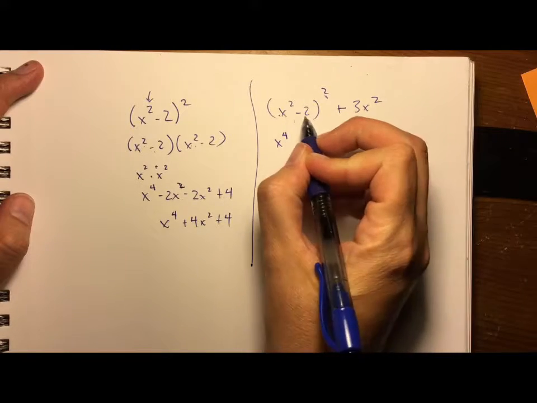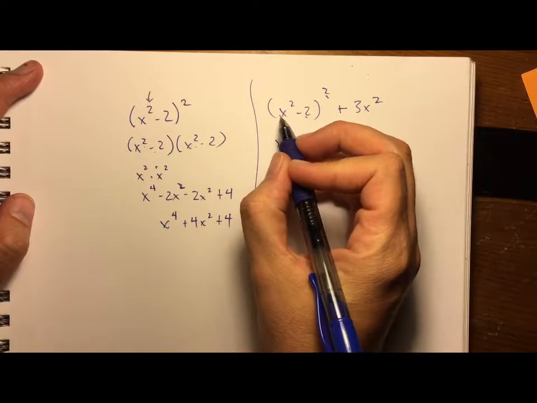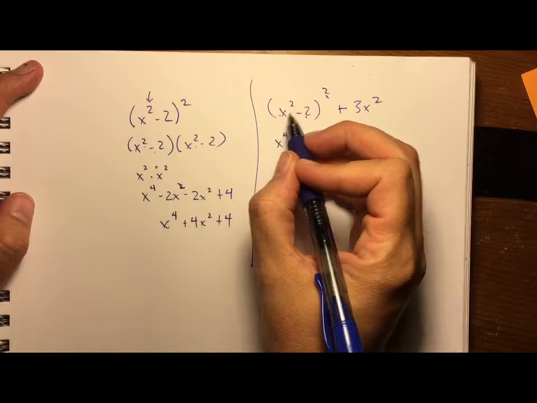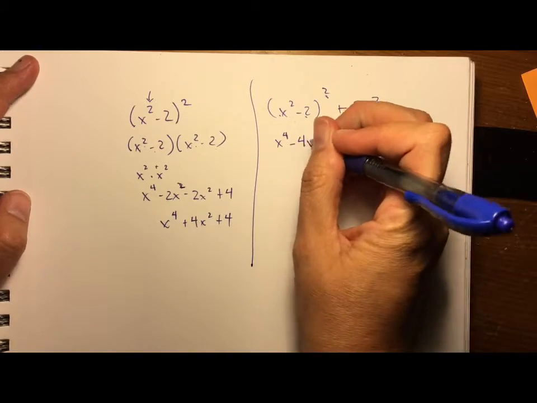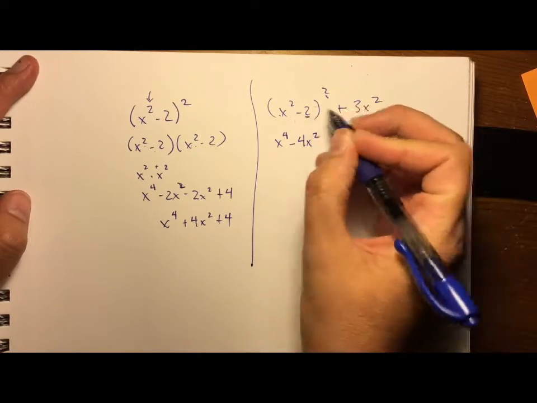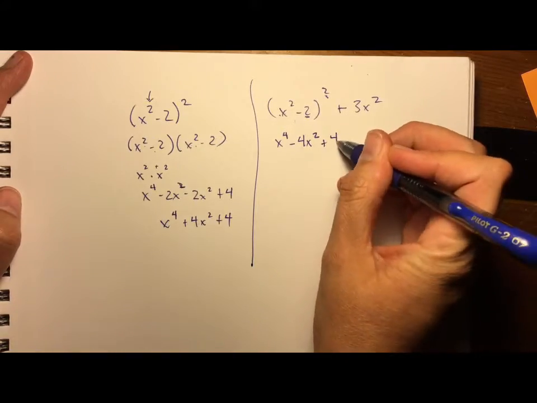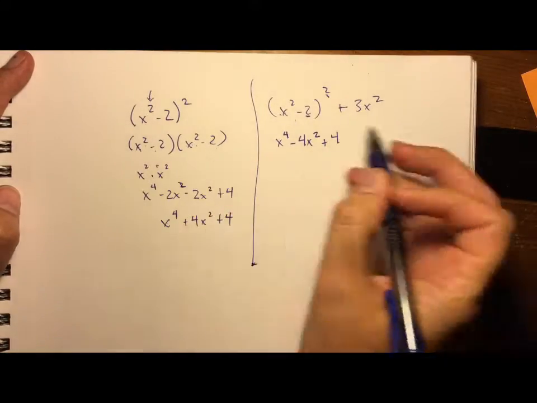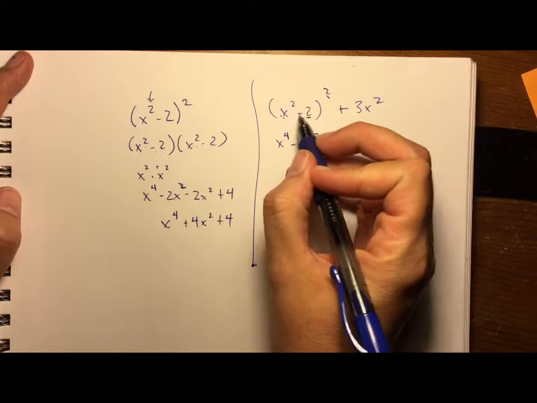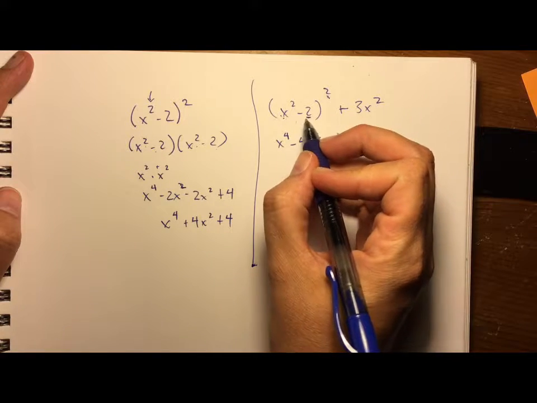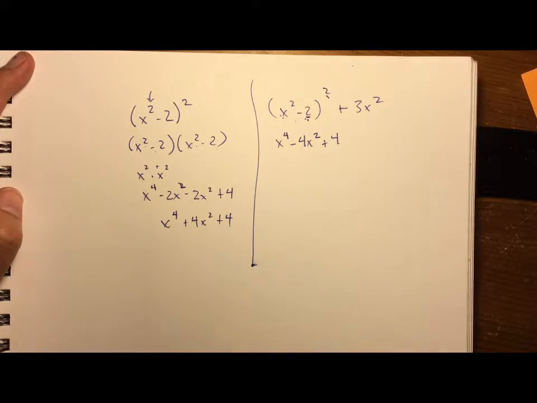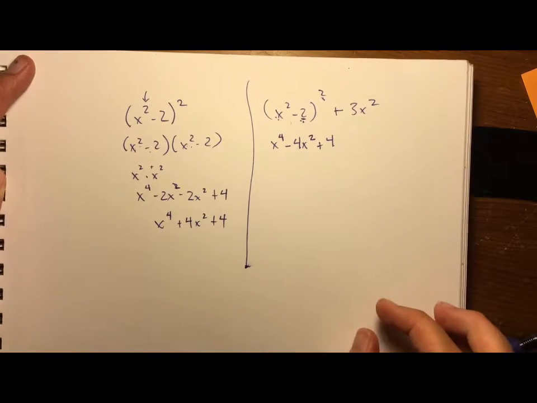Then multiply the two terms together and multiply by 2, so negative 2 times x squared times 2 is negative 4x squared. Then square the last one, so negative 2 squared is 4. It's the same thing, but you get to skip a step. Or you can just FOIL it normally, whatever makes you happy.